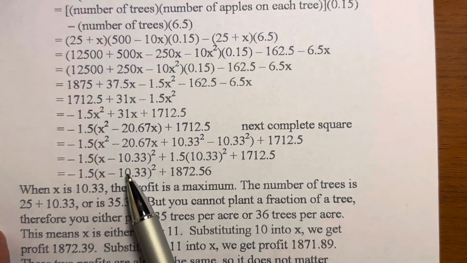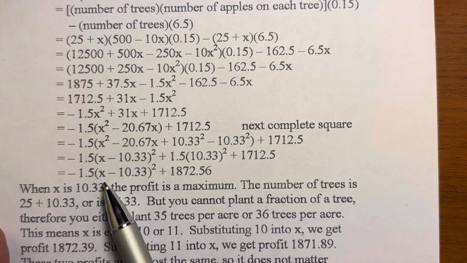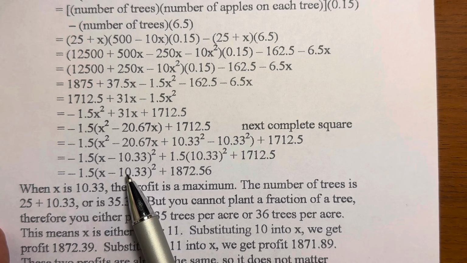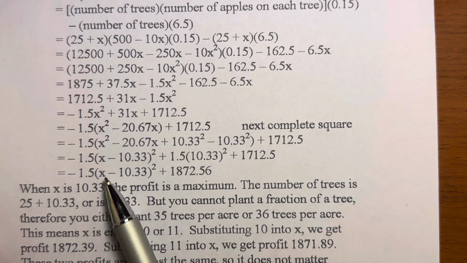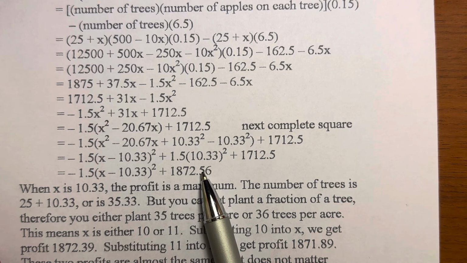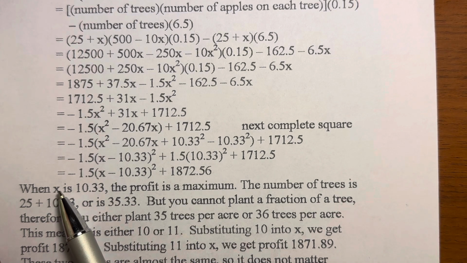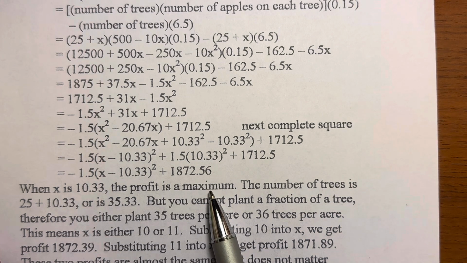So this is the vertex form, which means when x is equal to this number, this expression is maximum. And the maximum value is this. So when x is 10.33, I have the maximum profit.